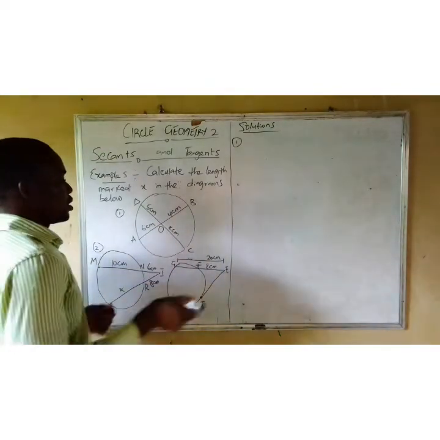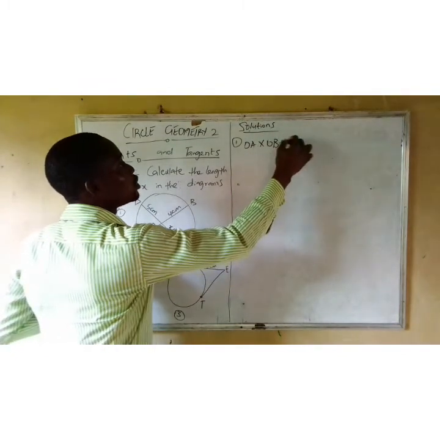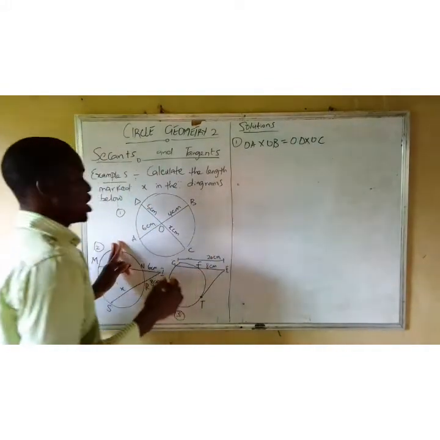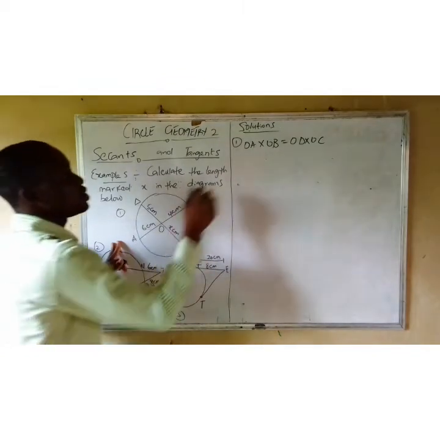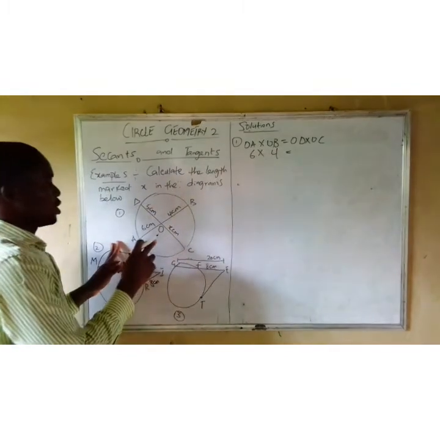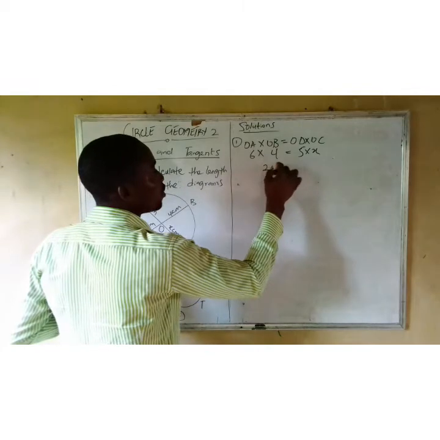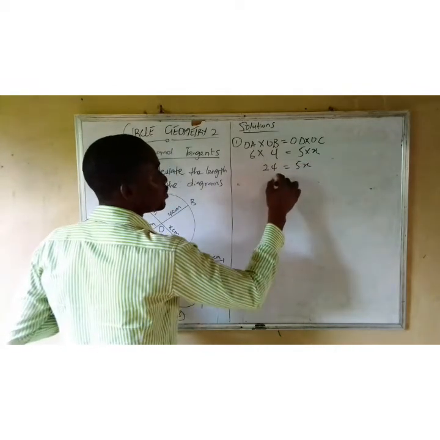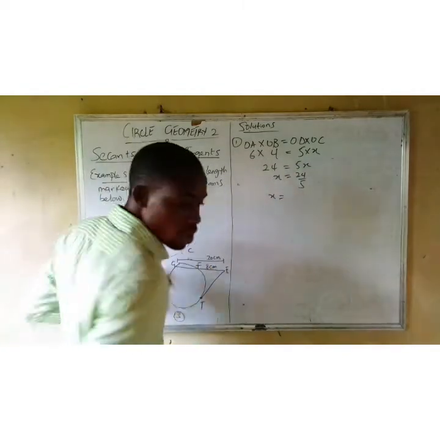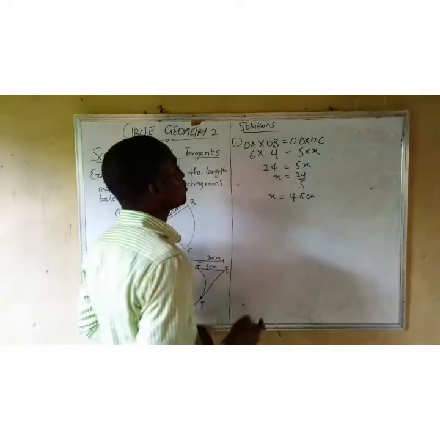From what we discussed earlier, we know that OA times OB is equal to OD times OC, which implies that OA is 6 times OB is 4 equals OD is 5 times X. So we have that 24 is equal to 5x. Therefore, X is equal to 24 over 5, which leaves our answer as 4.8 centimeters.